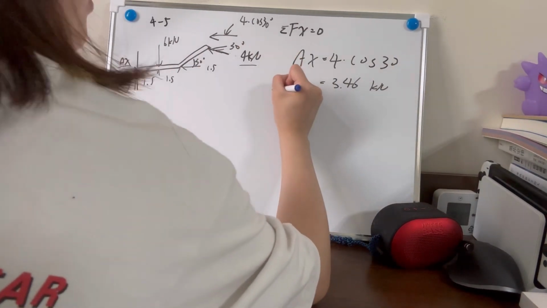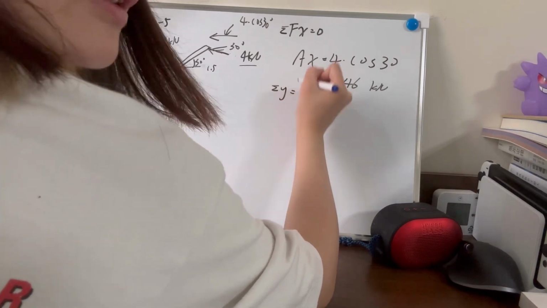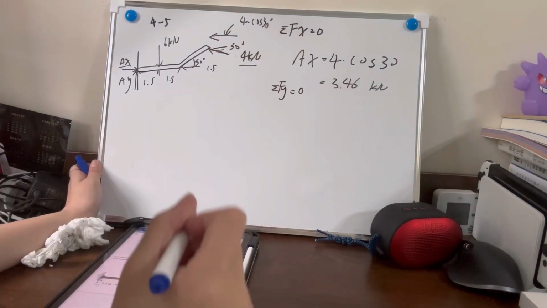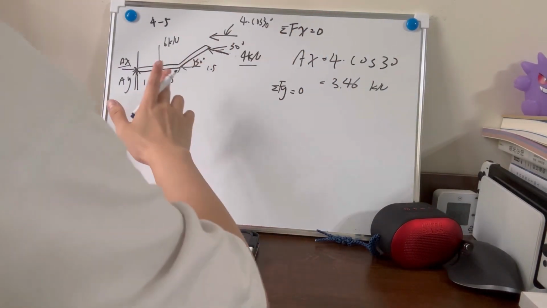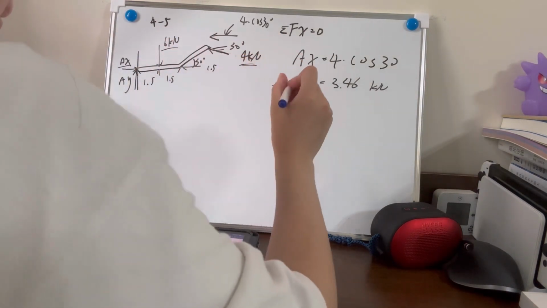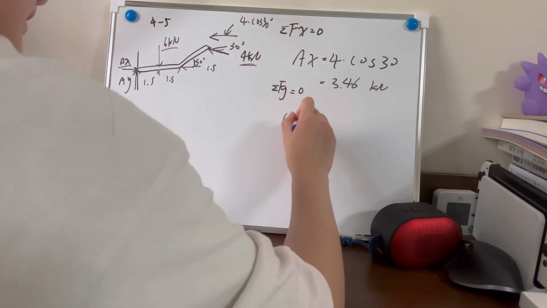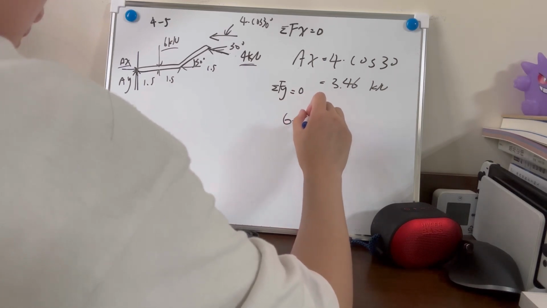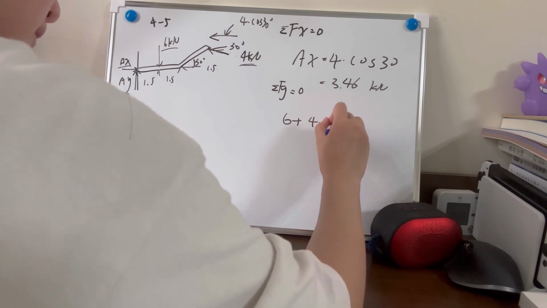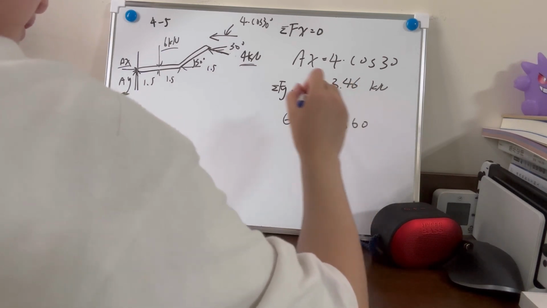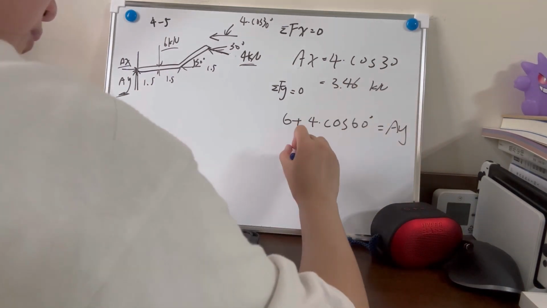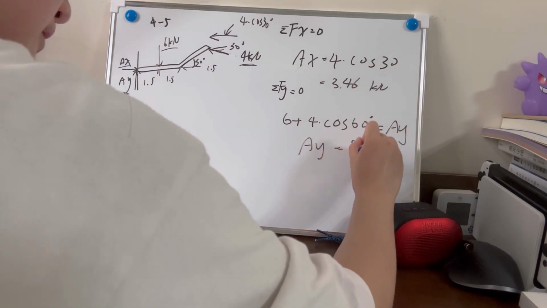And the summation Fy equals 0. So every force on the y-axis is this force and this force also. So it's 6 plus, and also this force, cosine 60, and it's Ay. So we know Ay is 8.